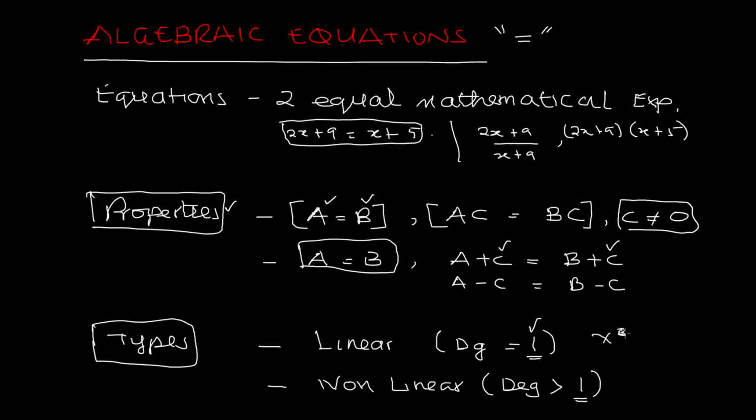Here I can have a linear equation like this: x plus 1 is equal to y. This will be a linear equation. But if I had something like, let me just say, 0 is equal to x squared plus 2 plus x, something like this will be non-linear.